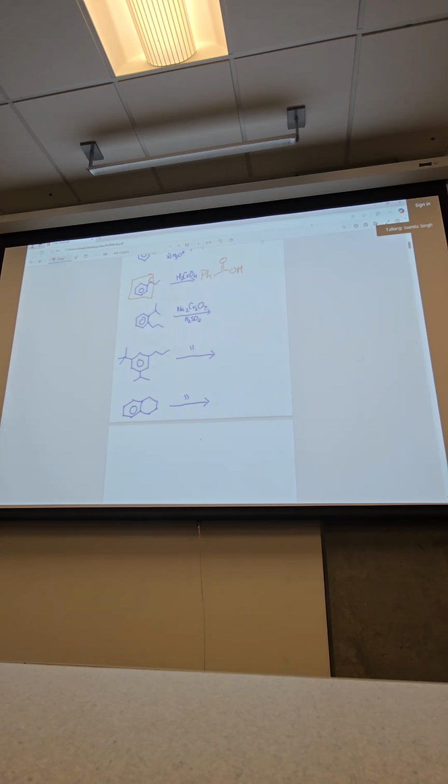Now there are two R's on the benzene. So what will be the product? How many benzylic carbons are there? Two. There's a benzylic position here, there's a benzylic position here. So which one will become the carboxylic acid? Both. Exactly. There's no selectivity here. There's no primary versus secondary. That doesn't exist here.